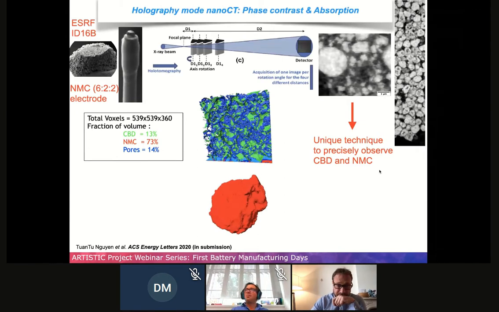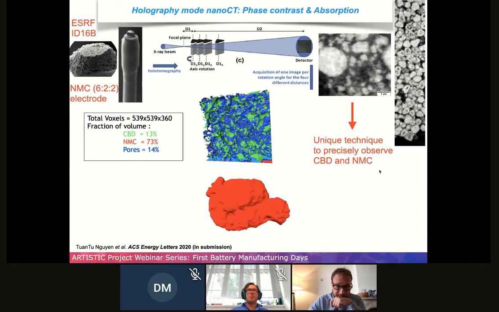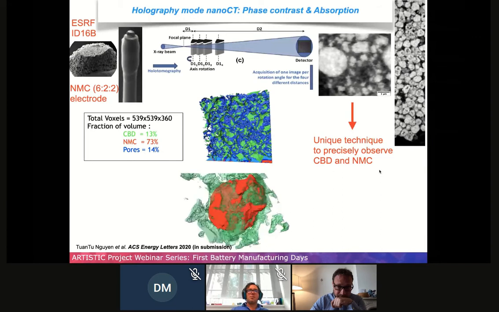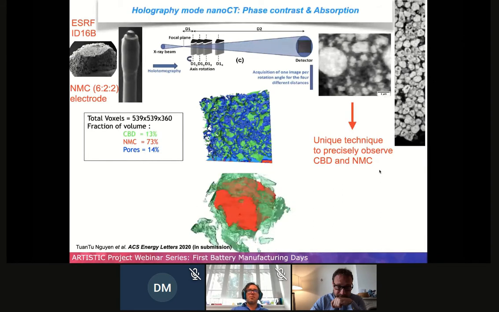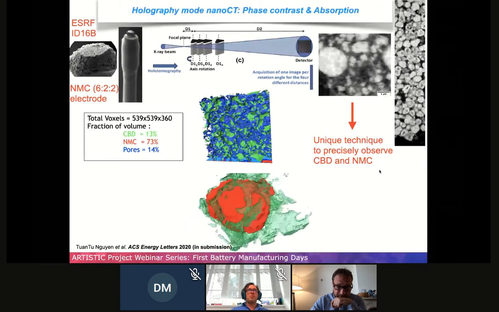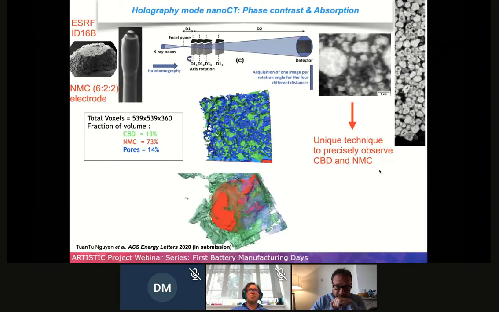Then you can focus on individual NMC particles. Here we draw the CBD and the porosity. You can see here the porosity.